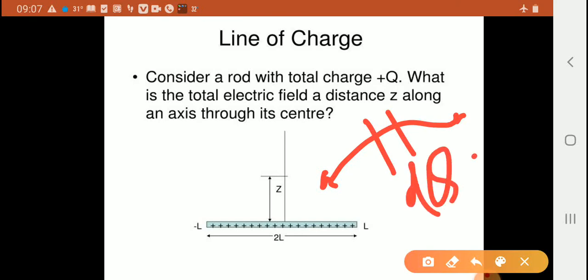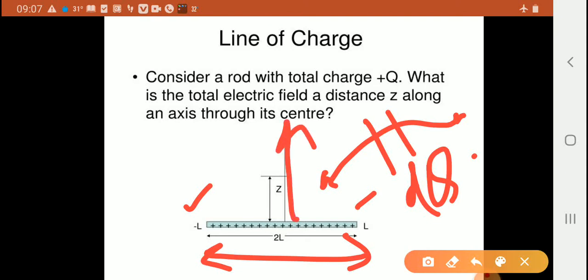The total length is from minus L/2 to plus L/2, this is the total length L. And we want the total electrical field at distance Z along an axis through its center.